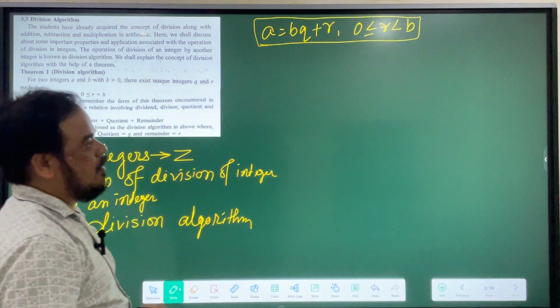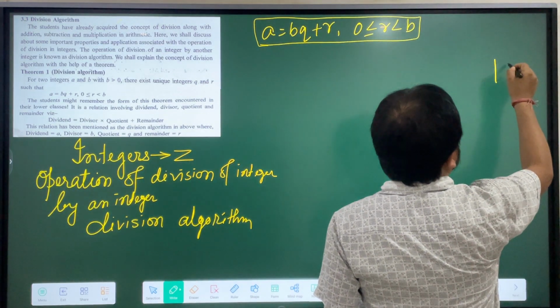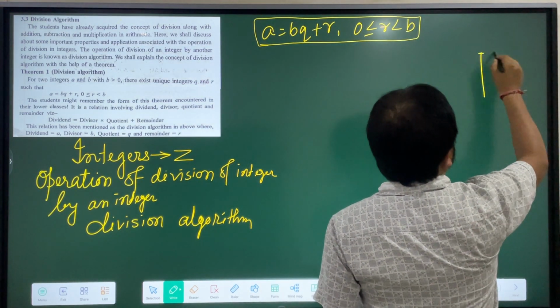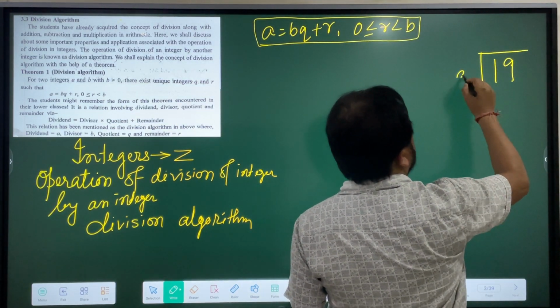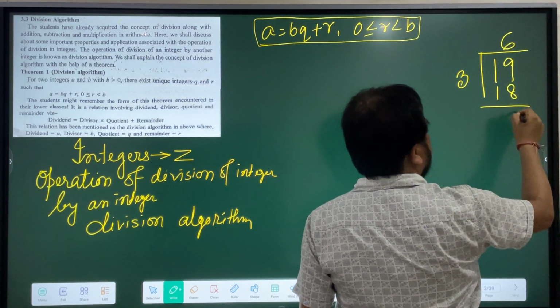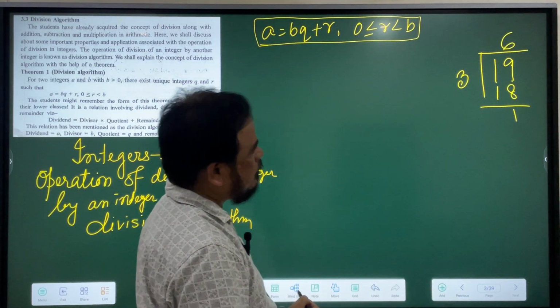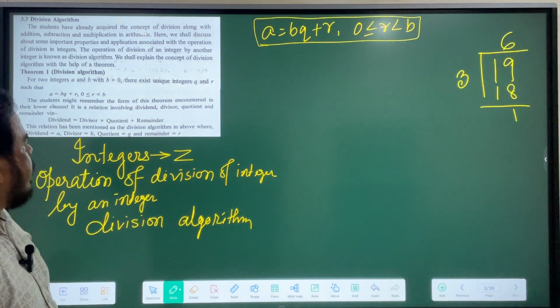When we divide a number, suppose 19, we are going to divide by 3. 3 sixes are 18, remainder is 1.